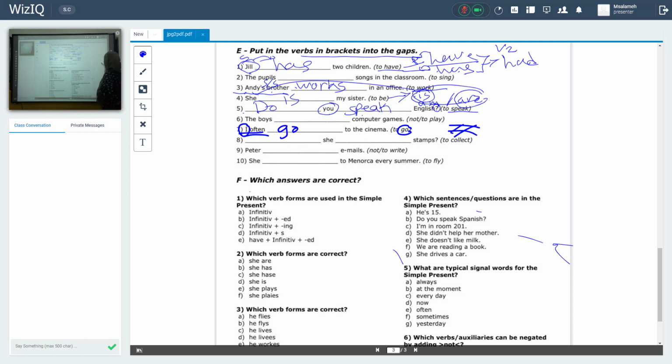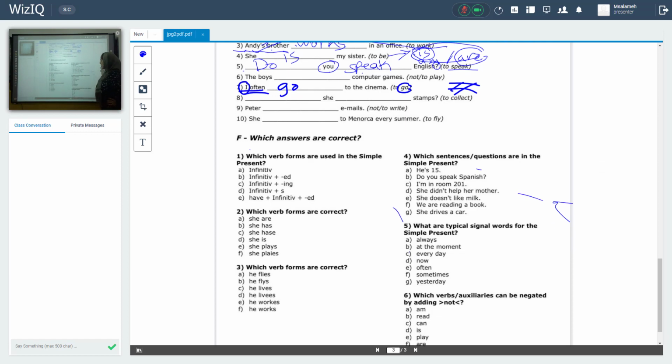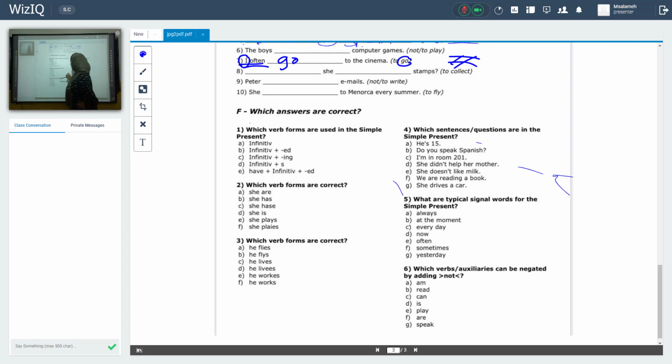Okay, the same way the other question. Okay, which verb forms are correct? So here we have more than one answer. Use in a simple present. Infinitive verb, we can use it in a simple present, yes, if the subject is plural. Infinitive plus ed, it's wrong. Ed is in the simple past.